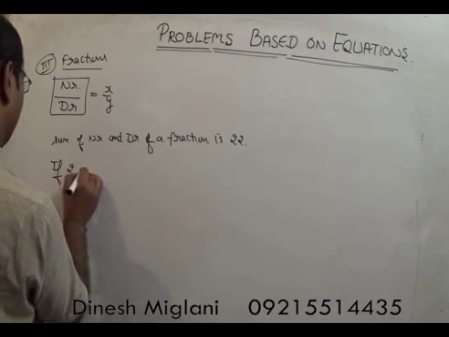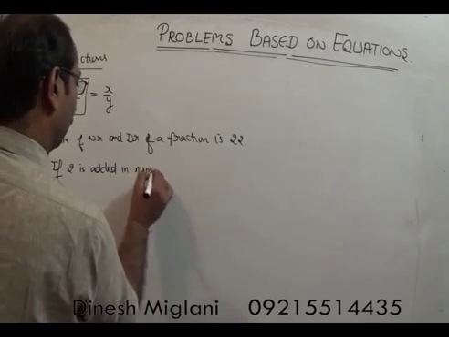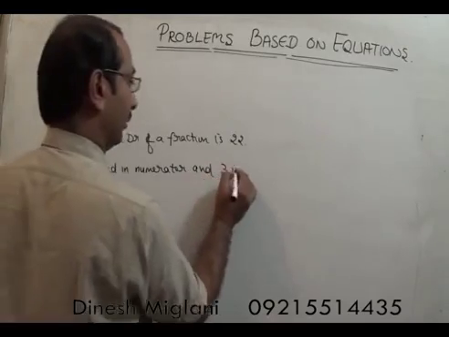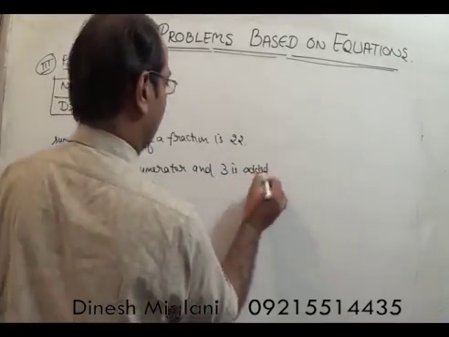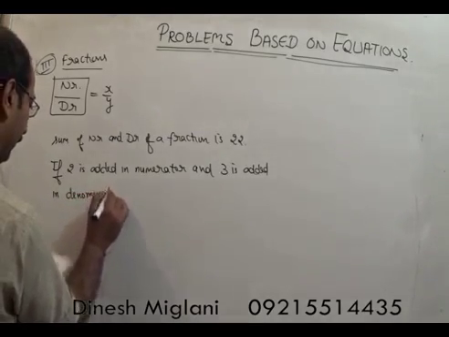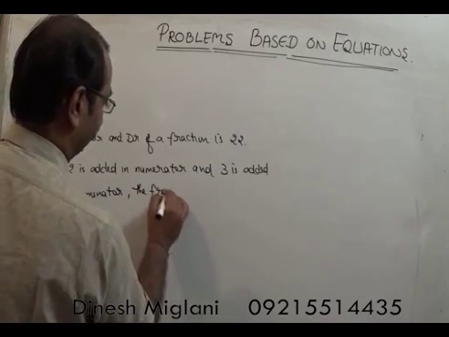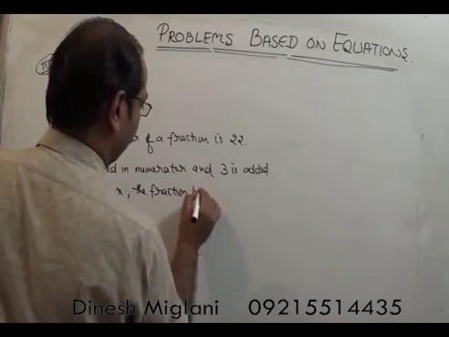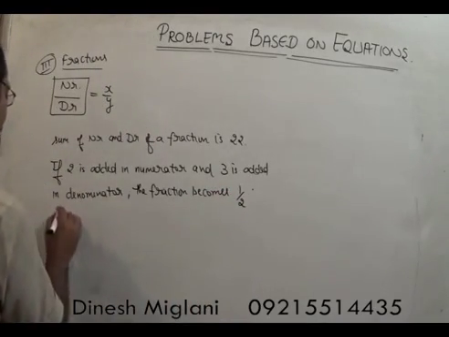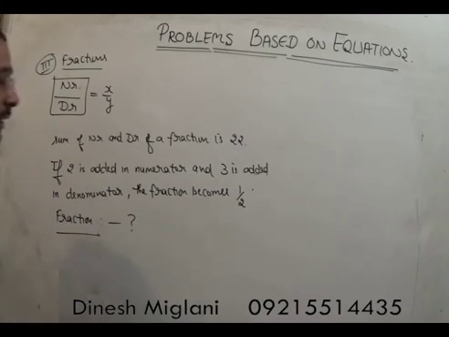If 2 is added in the numerator and 3 is added in the denominator, the fraction becomes 1 by 2. Okay? We have to find out what is the fraction.